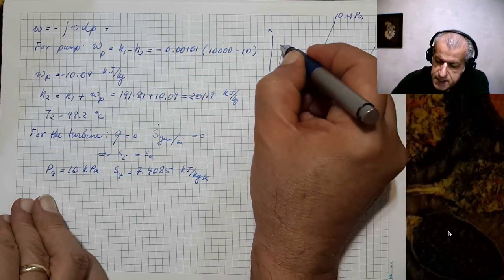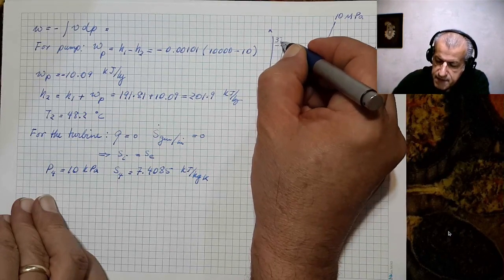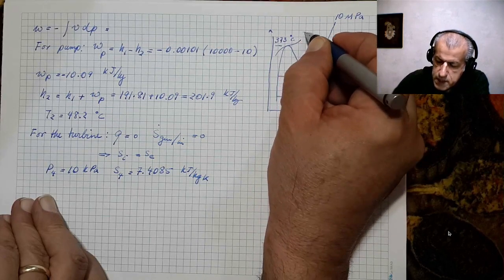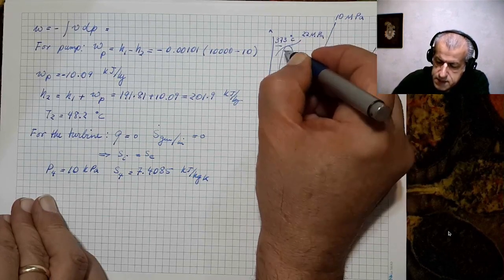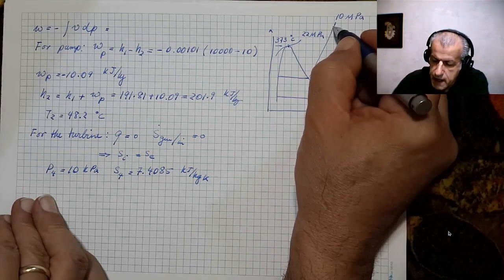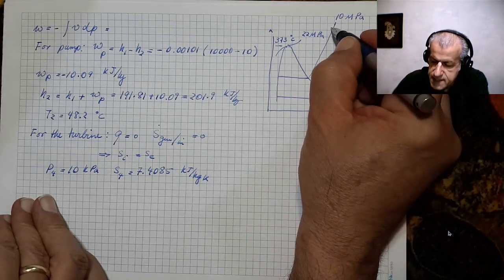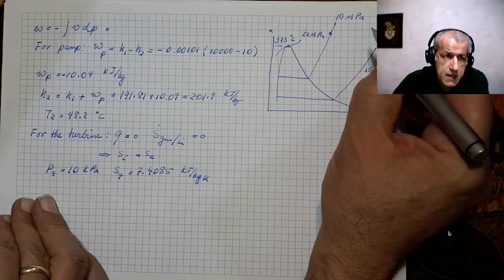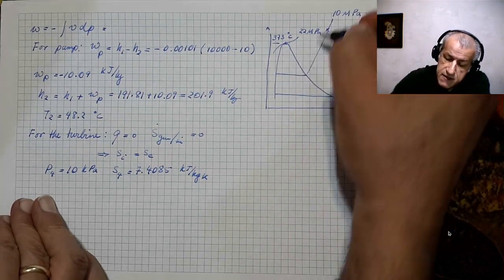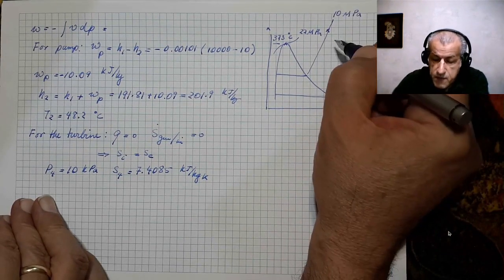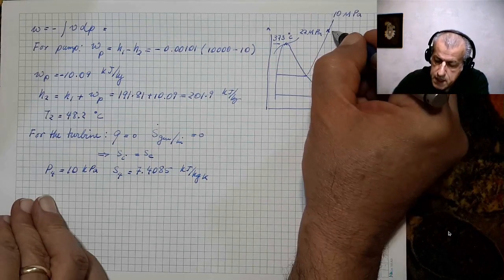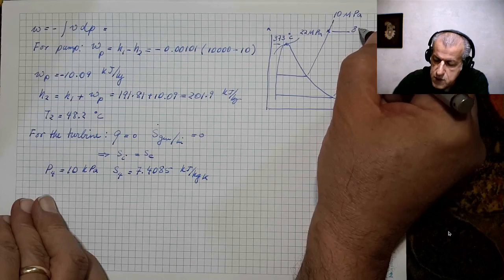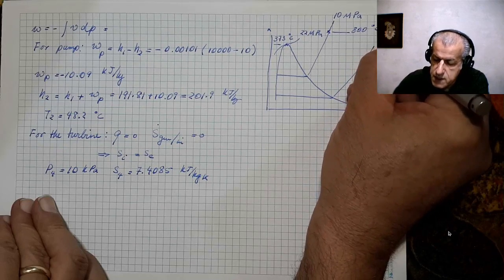Just remember that this point is about 373 degrees C, and it is 22 megapascals. So we know where we are. And if, say, this is 800, which is of course not to scale, because this line has to have a very sharp slope, but still, we just try to draw it higher than 373, so it is 800 degrees C.